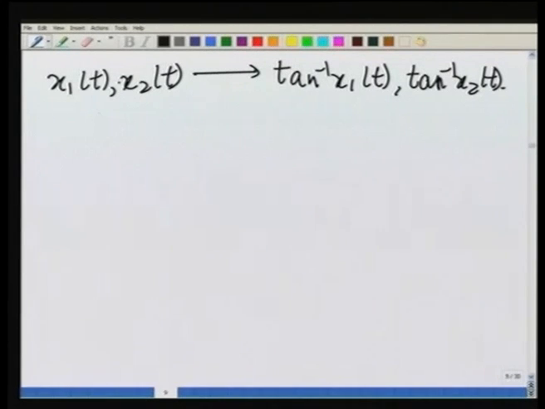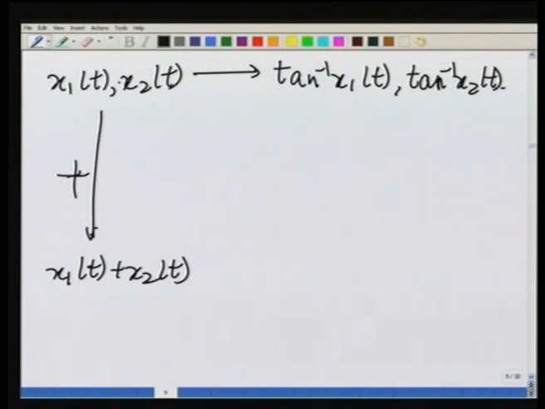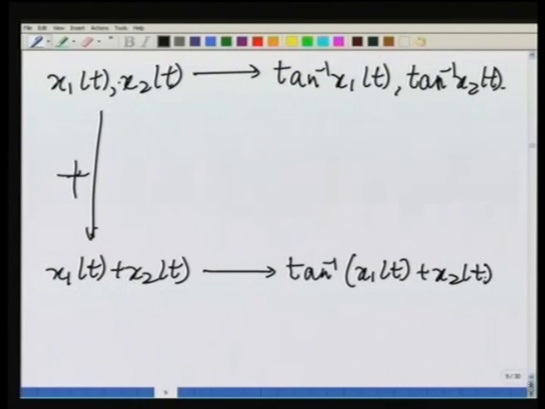Now, we have to add these two inputs to get x1(t) plus x2(t) on the one side. Apply the system to x1(t) plus x2(t), you would get tan inverse of x1(t) plus x2(t) together.